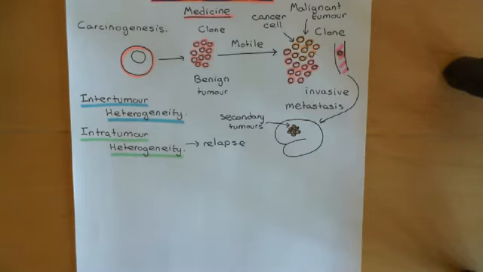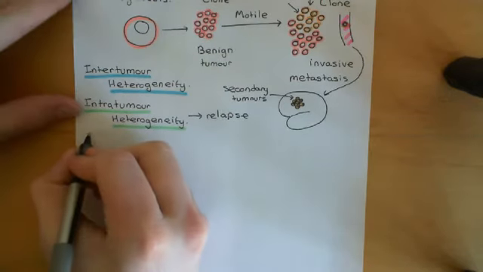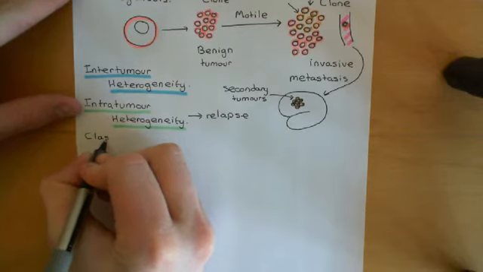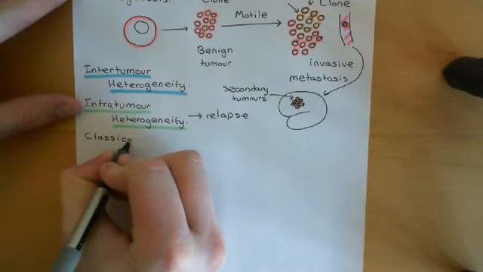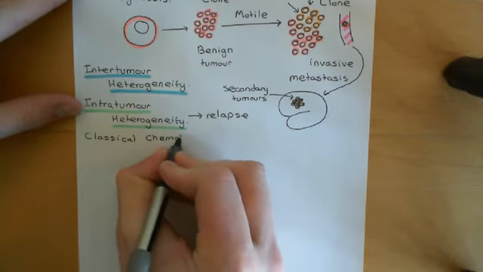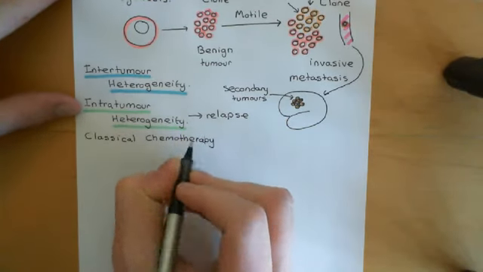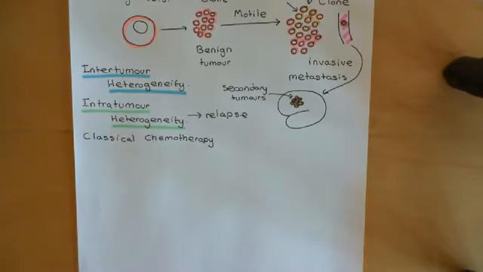So there's intertumour and intratumour heterogeneity. Now let's define personalised cancer medicine. But before we do that, let me tell you about classical chemotherapy so that we can contrast the aspiration of personalised cancer medicine to classical chemotherapy. The idea of classical chemotherapy was very much a one-size-fits-all kind of thing.